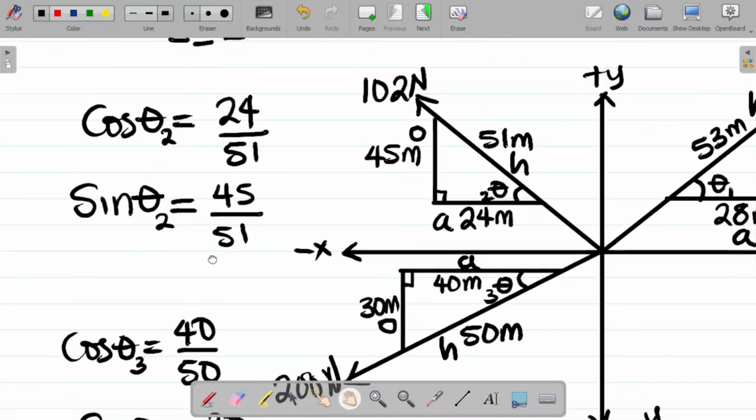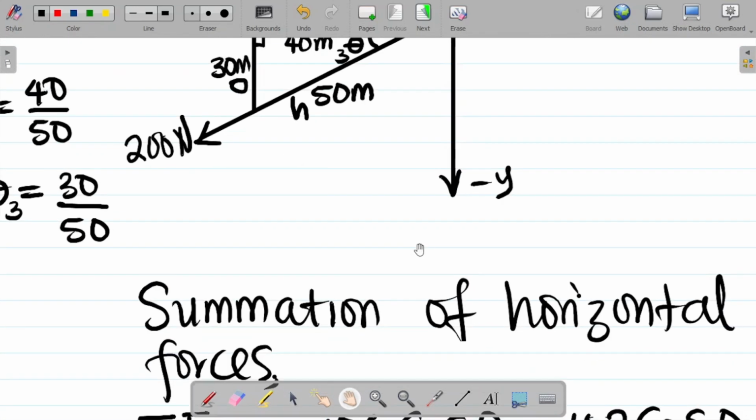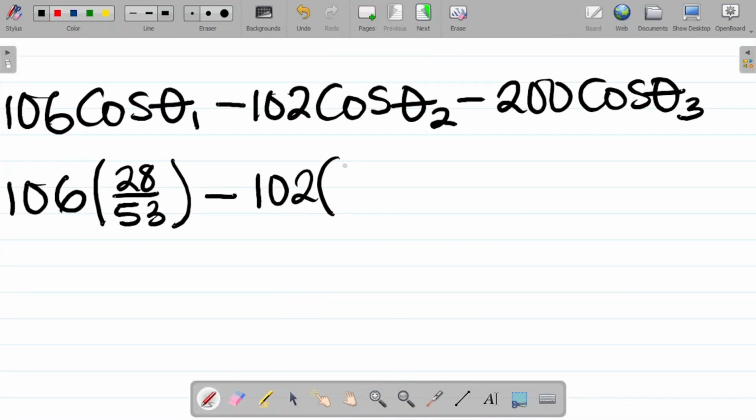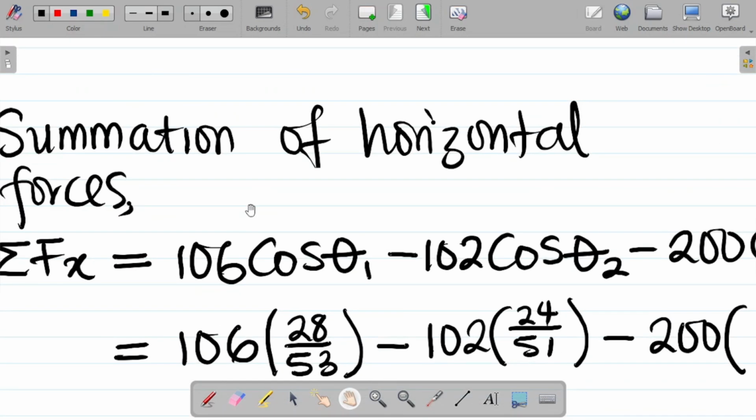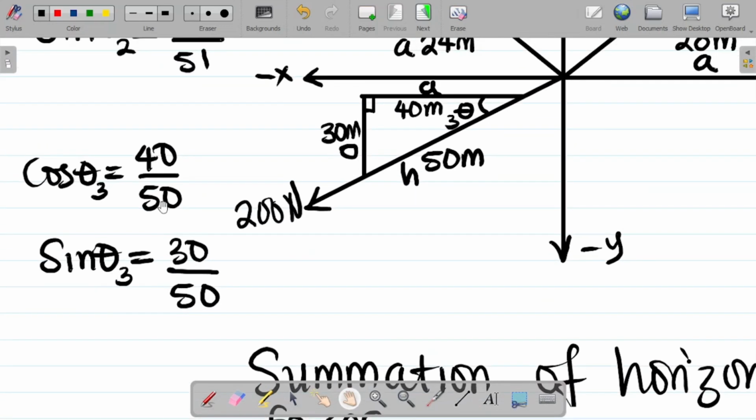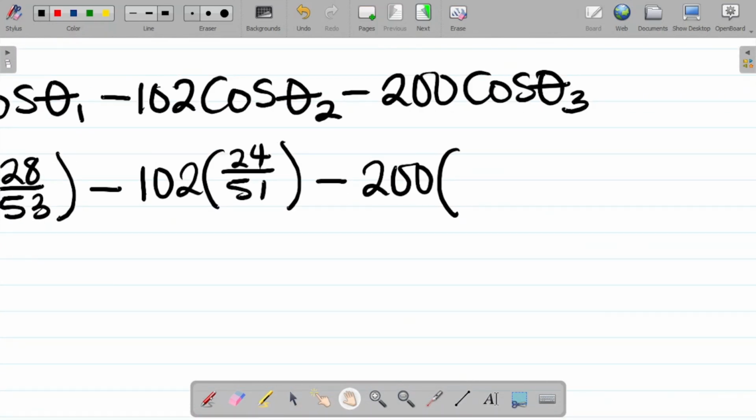Cos theta 2 in value is 24 over 51. That's 24 all over 51, minus 200 into cos theta 3, which is actually this one here, 40 over 50. That's 40 all over 50. So we have this.